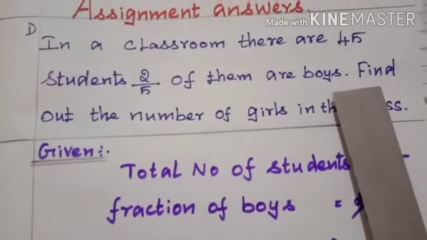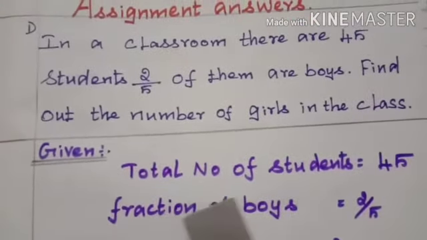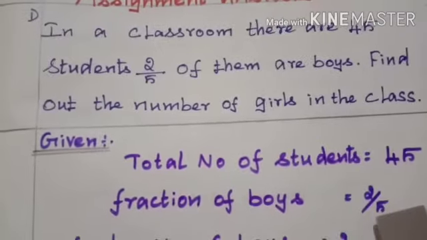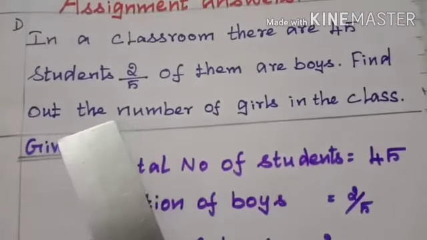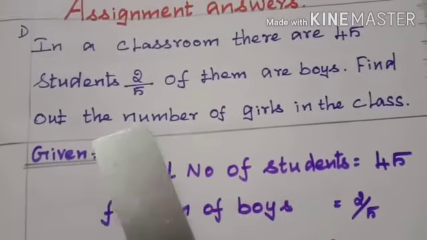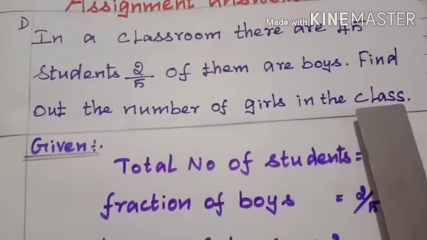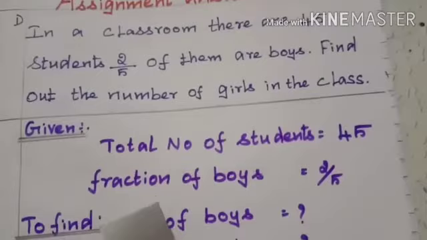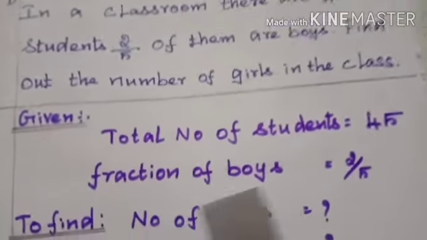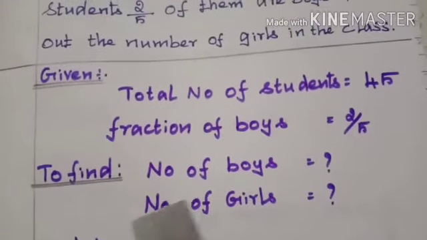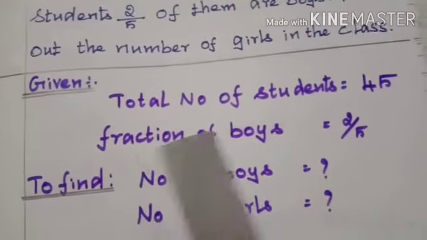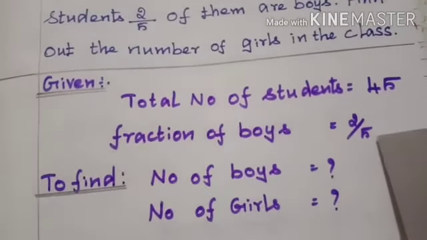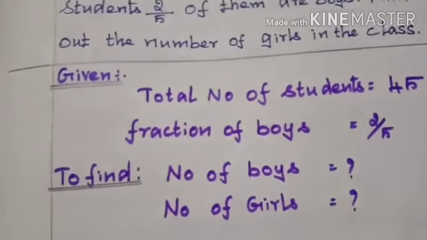Here, the fraction of boys is given, so you have to write fraction of boys is equal to 2 by 5. We have to find out the number of girls in the class. First, we have to find out the number of boys, because only the fraction of boys is given. So, we have to find out the number of boys and the number of girls.